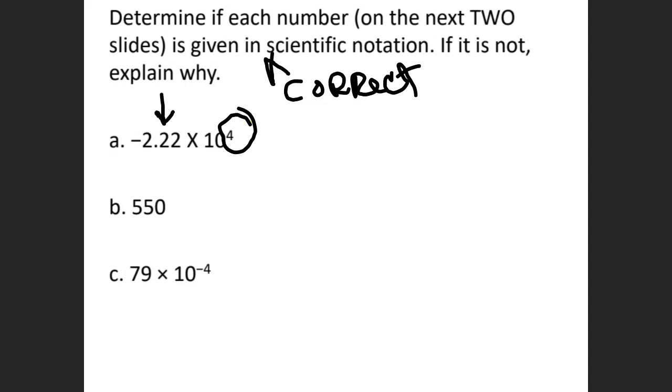So, just to clarify, this number is written in correct scientific notation because the power of 10 is a whole number and there is only one non-zero digit to the left of the decimal point.